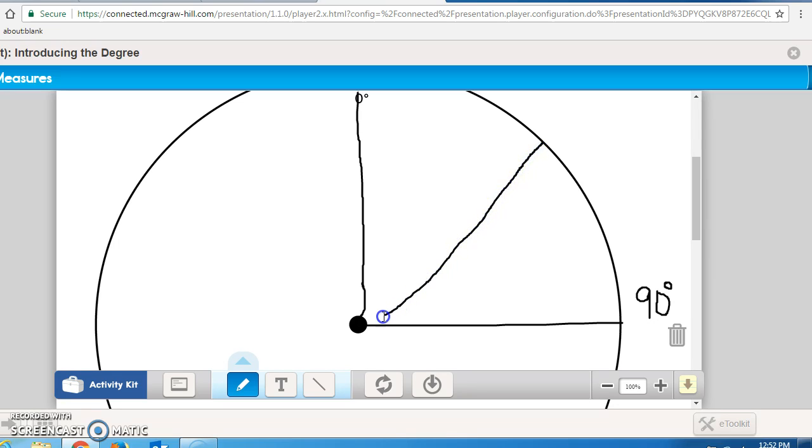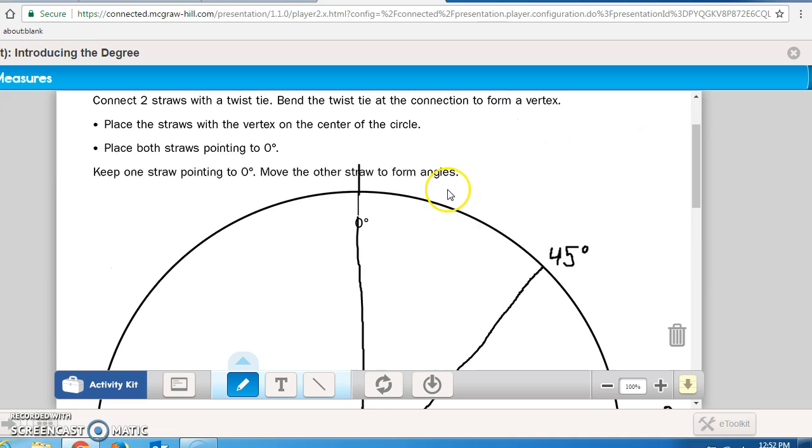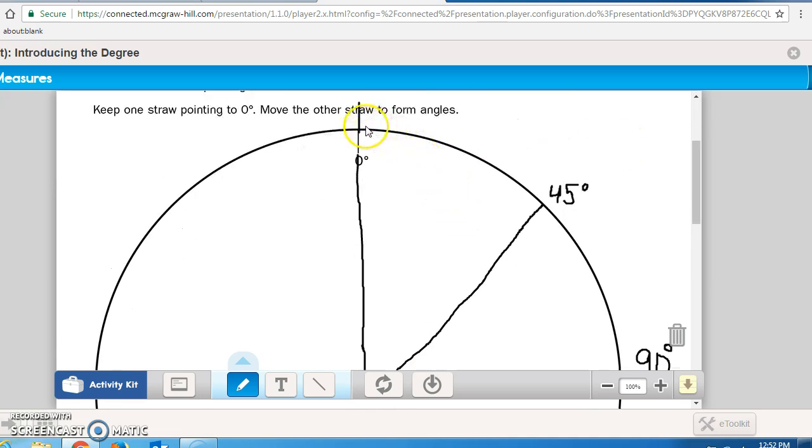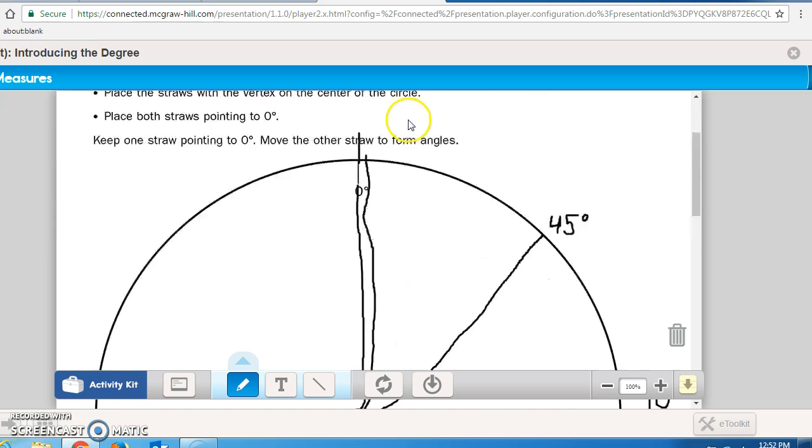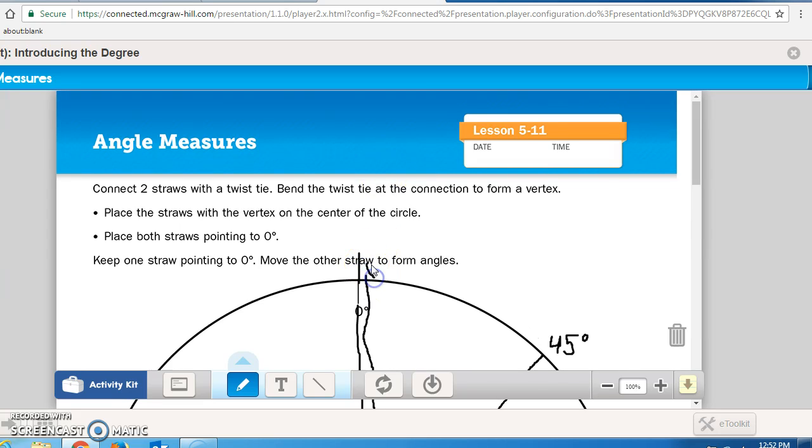But approximately this would be where it would be, and halfway between 0 and 90, if you were looking at a number line, would be 45. And again, if you were looking at 1 degree, roughly, you would have the other straw approximately there, and sorry this is so crooked, and this would be at 1 degree.